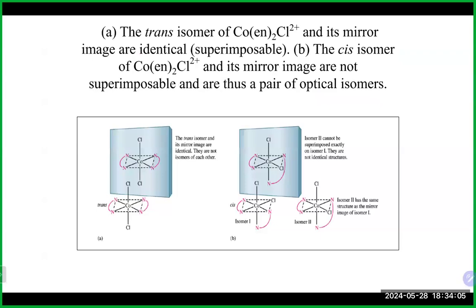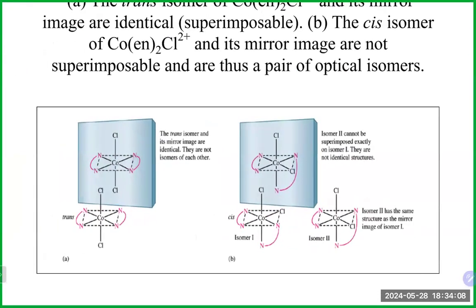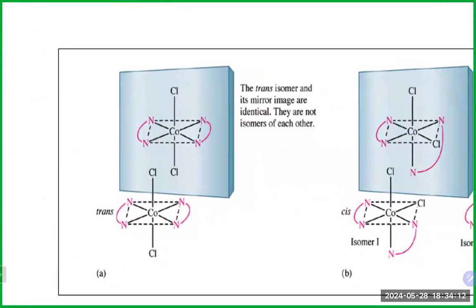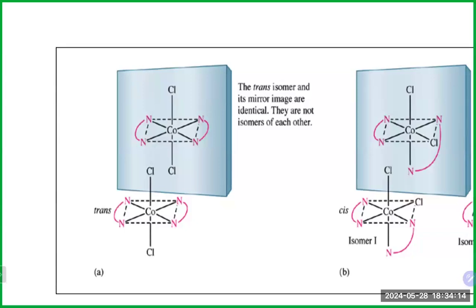Now, if we look at the guy over here on the left, this is the trans guy, also coordination number of 6. But when this gets reflected in this trans positioning, everything gets reflected okay, because now these two bonds are still going to be in the same spot. When this guy gets reflected here and this guy gets reflected in the back, they still have the same bonds as the original as they reflect in that mirror.